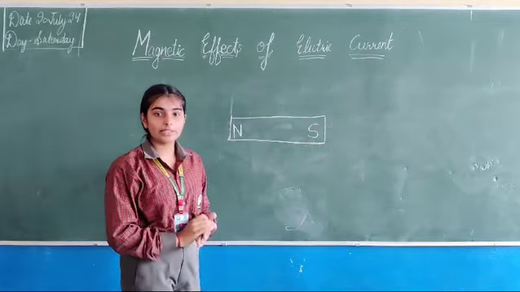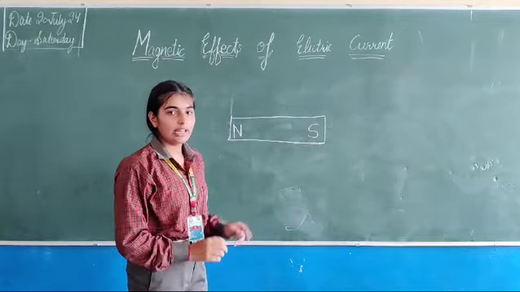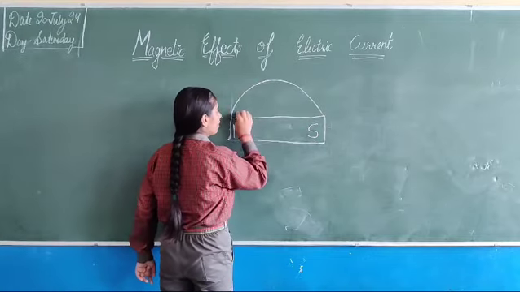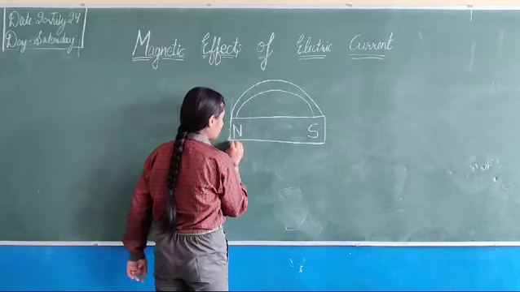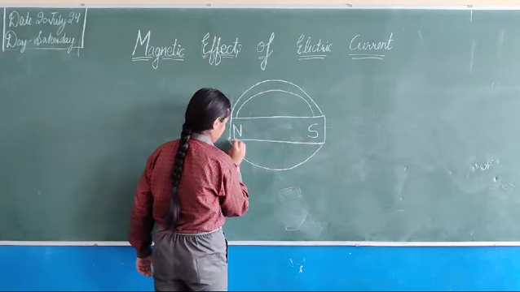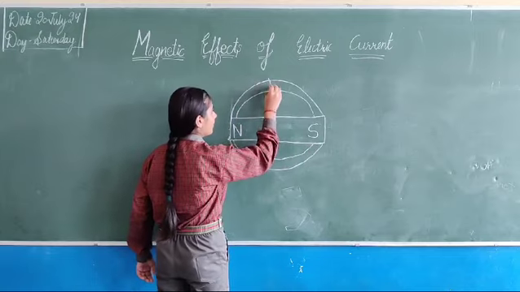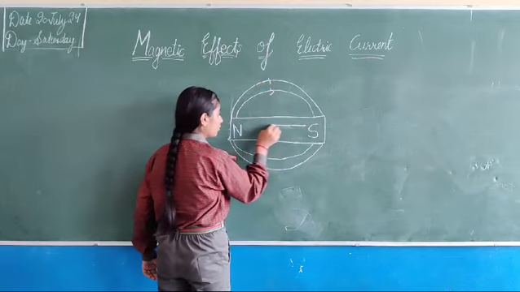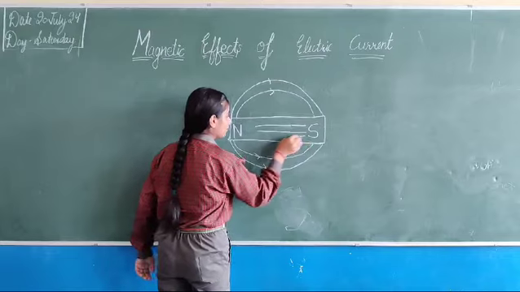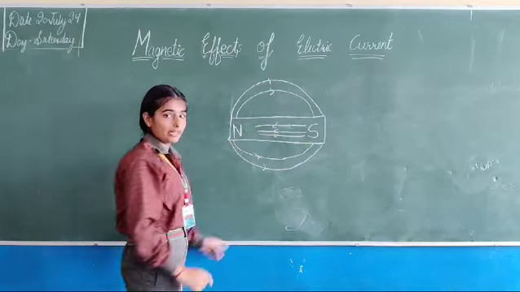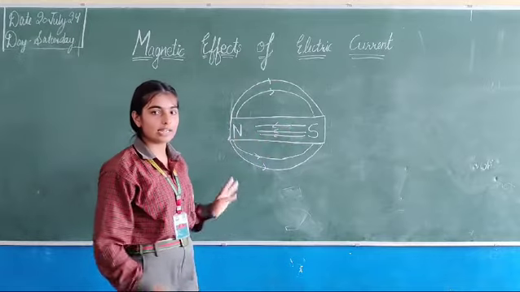So the first property is that magnetic field lines move north to south outside the magnet and south to north inside the magnet.